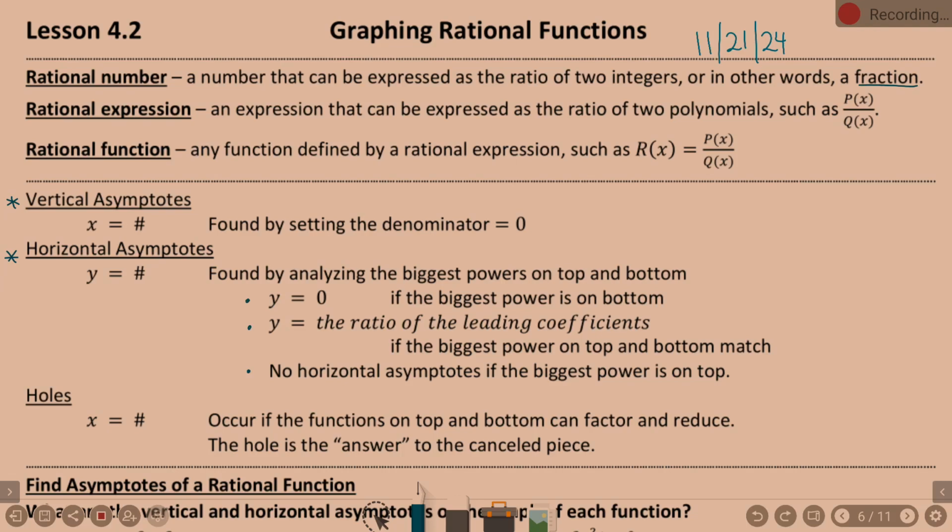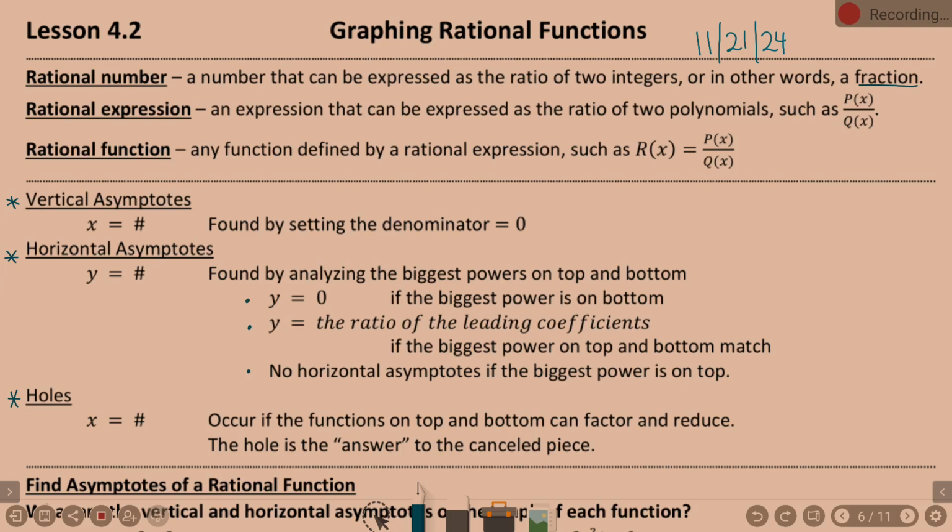Okay, and then the third option we're going to talk about are what are called holes. Okay, so a vertical asymptote, horizontal asymptote produce a break in the graph. A hole is also a break in the graph. It's an x value. Okay, and it occurs if the functions on top and bottom can factor and reduce.